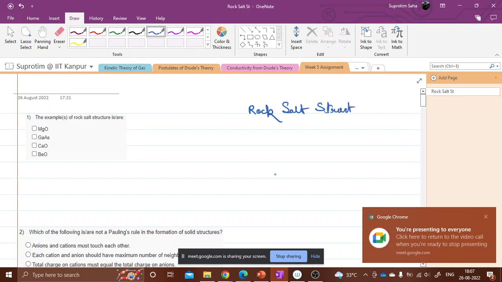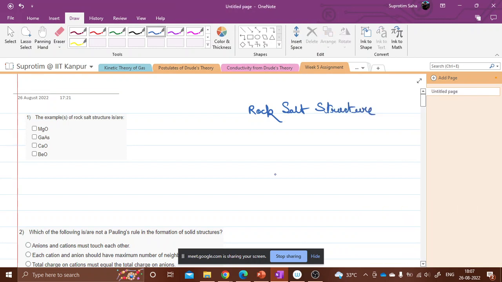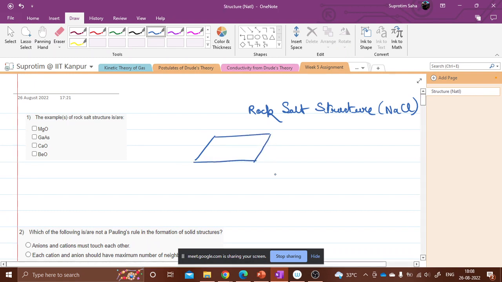Rock salt structure is basically your NaCl structure, right? So what you have is just draw a simple cube. This is your structure.